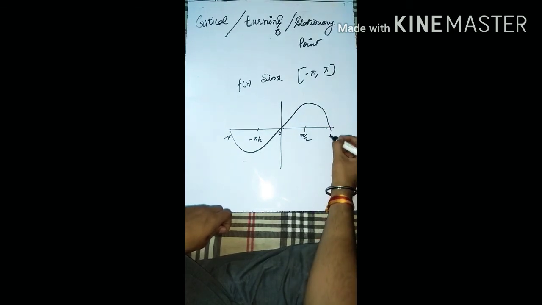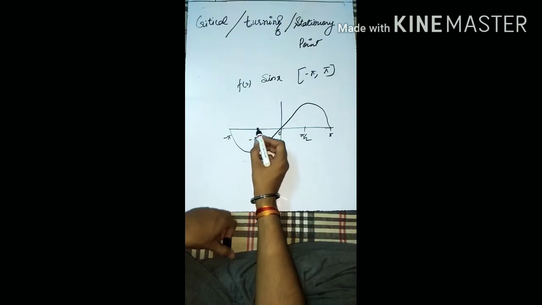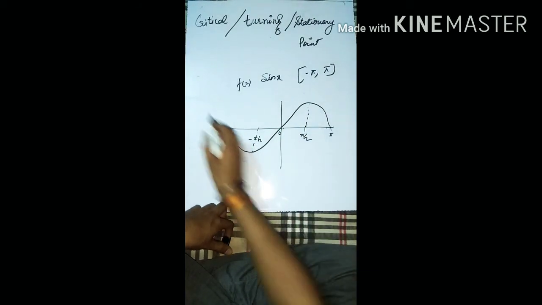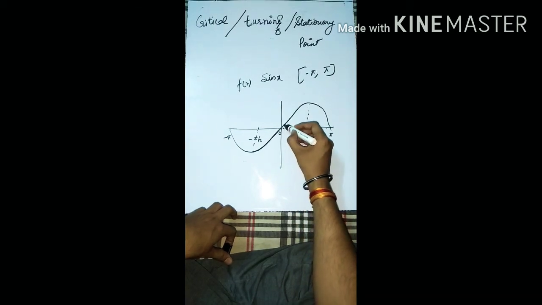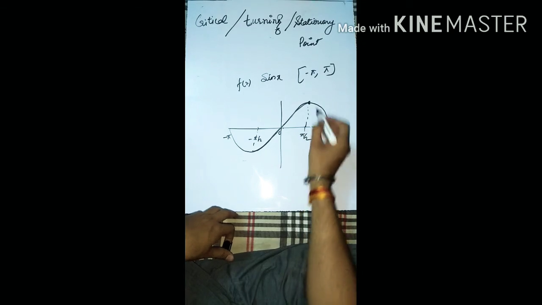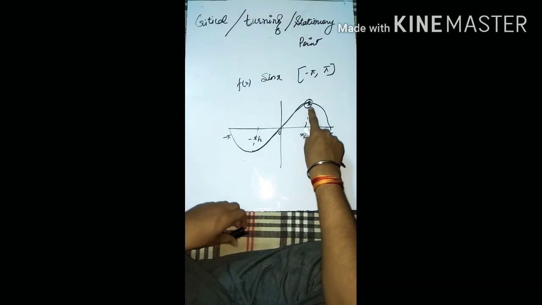Can you tell me what the turning point will be? Since this was the minima value and this is the maxima value, we are not considering those. It started to increase, and here it started to fall. So this point will be considered as the critical point, turning point, or stationary point.